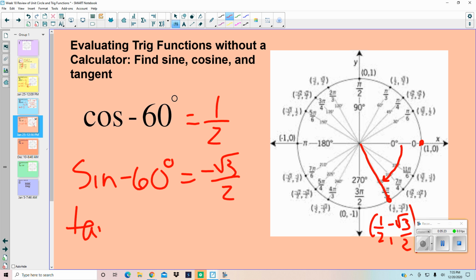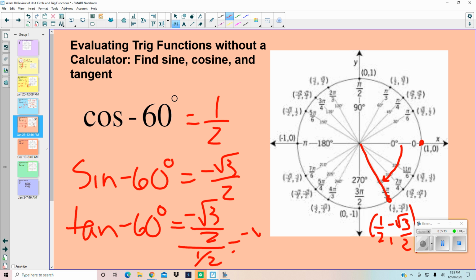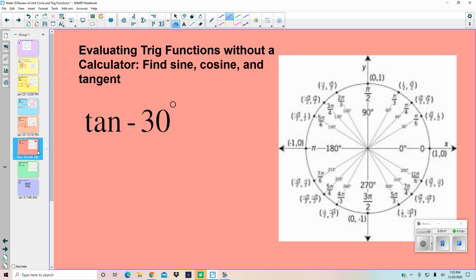The tangent of negative 60, I'd have to take the y over the x, so I'd get negative root 3 over 2 divided by 1/2. So negative root 3 over 2 times 2 over 1. So I get negative root 3 for tangent. I could also find the secant, cosecant, and cotangent by just taking the reciprocals of all three of these.